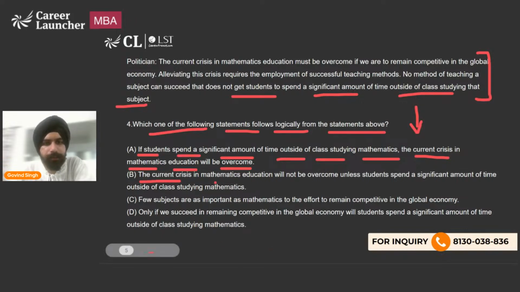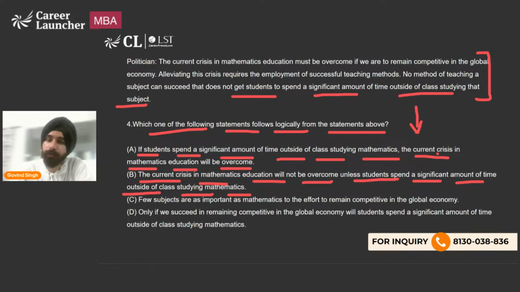The current crisis in mathematics education will not be overcome unless students spend a significant amount of time outside of class studying mathematics. Now, this is just a negative of this. But is this the right option or is this the right option? Which one of them would be more logically coherent? We'll come back to this.